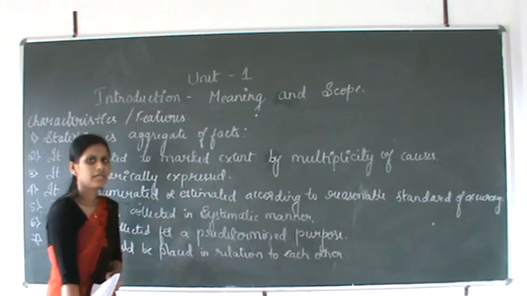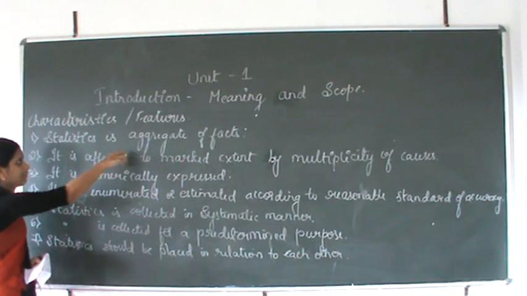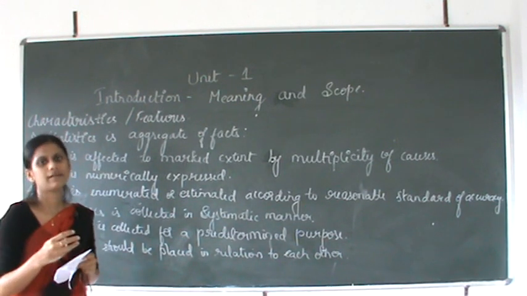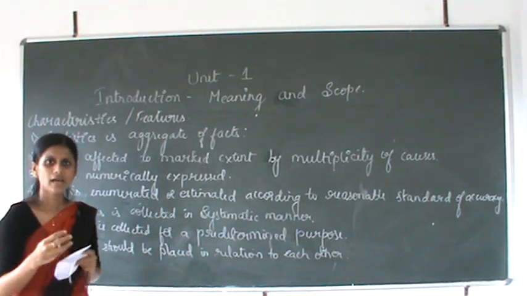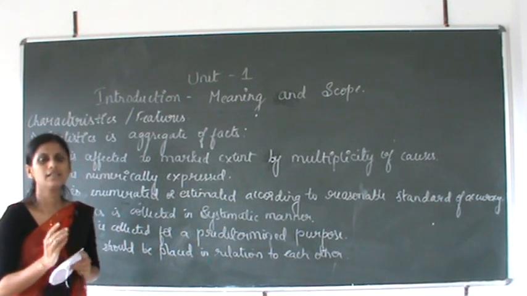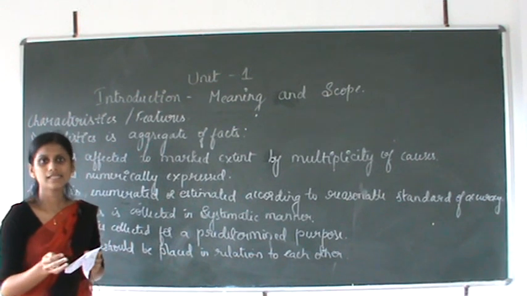In the first characteristic itself I explained that a single datum cannot be considered as statistics. A group of data will be considered as statistics because when there is a group of data we can easily compare. Because of that reason, single data cannot be considered as statistics.